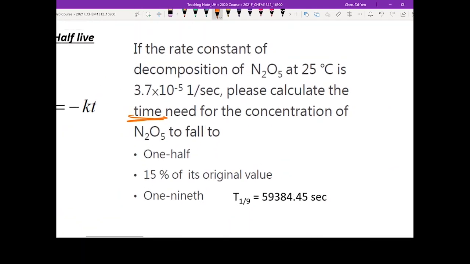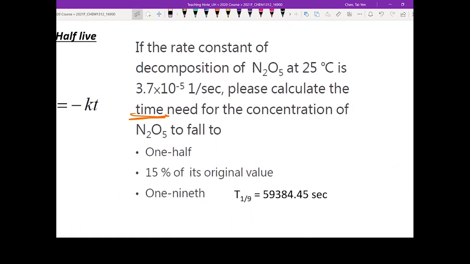Another type of question you're going to encounter a lot. Let's look at this one first. If the rate constant of decomposition of N2O5 at a certain temperature is a certain number, please calculate the time needed for the concentration of N2O5 to fall to 1/2, 15%, or 1/9. It's very similar to the things we saw before.